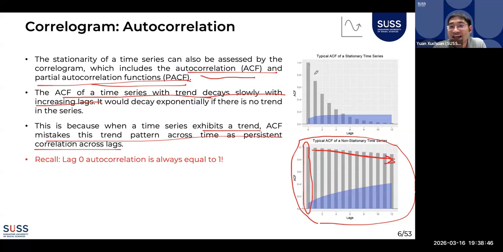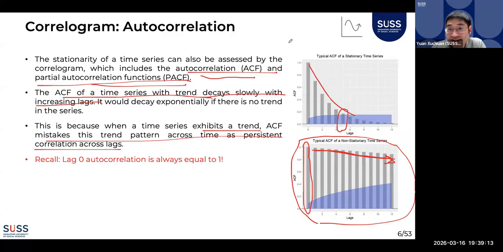This we will say decreases exponentially. Okay, decrease exponentially, and this means decrease slowly. Decrease exponentially means after certain lags, for example after lag 5, all the autocorrelation will be within 2 standard deviation.